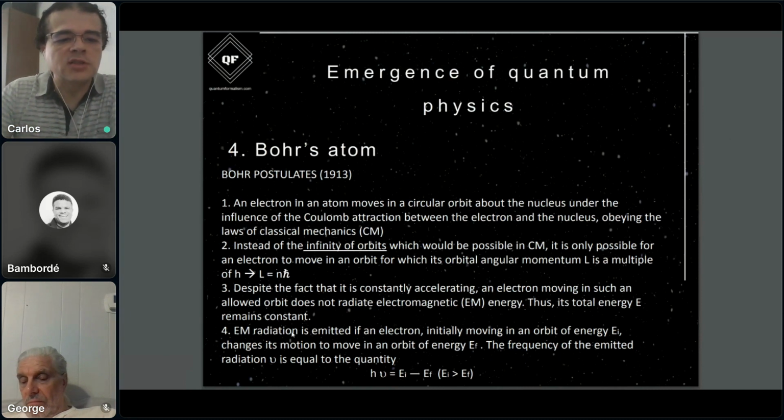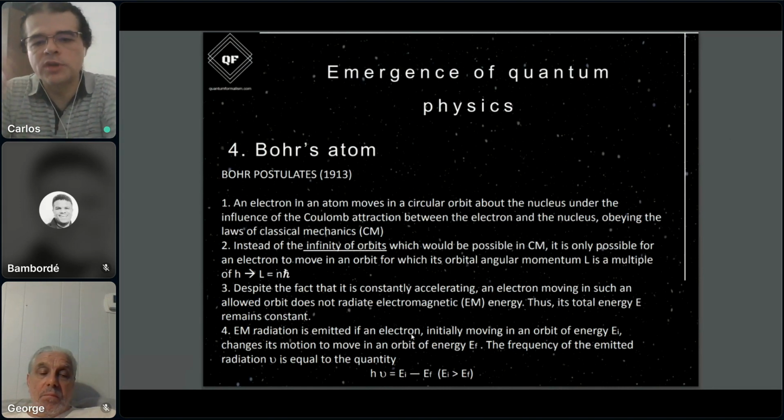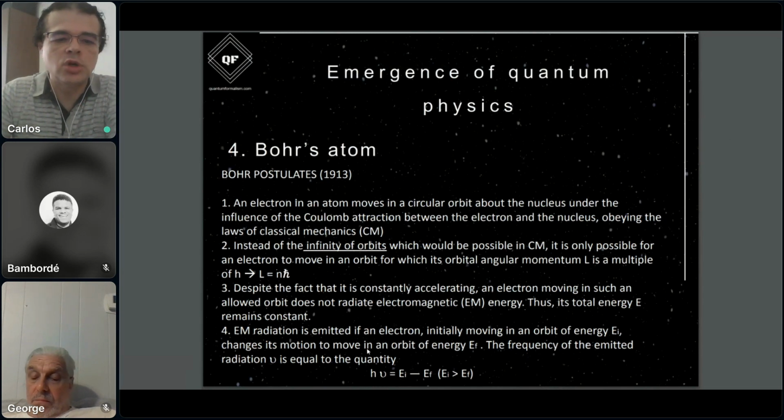So electromagnetic radiation is emitted only in one possibility. If an electron initially moving in one orbit, let's say E_i, changes motion to move in another orbit, let's say E_f, the frequency of the emitted radiation is equal to this quantity.